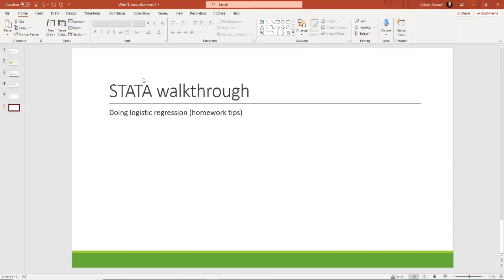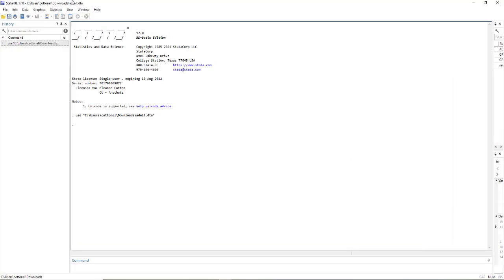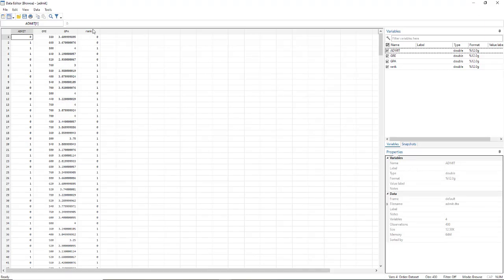So I'm going to exit out of our PowerPoint. Then open this up, and I already have that data set in here. If we look at that data set, we see the outcome that we're interested in is admittance. So it was looking at, did someone get admitted into college? And I don't know, this must be grad school because of the GRE. I'm not totally sure. I'm trying to just remember this data specifically.